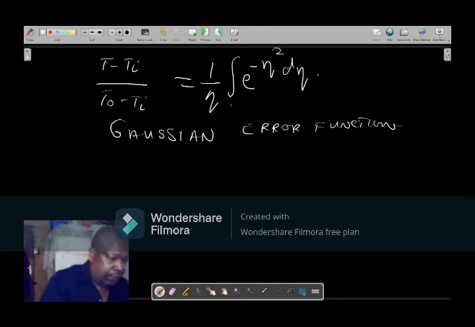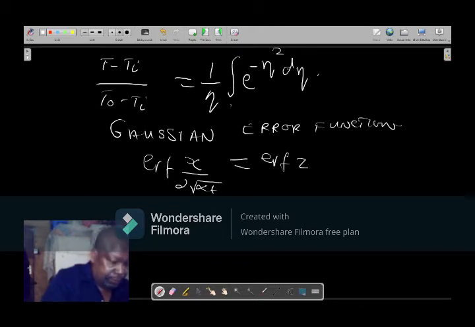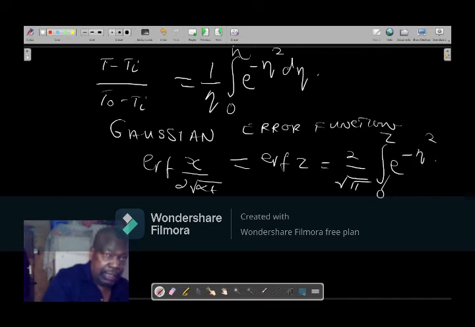The error function of x over 2 root of alpha t is also called the error function of z, which is equal to 2 over the square root of pi times the integral from 0 to z, so this is 0 to eta, of e to the minus eta squared d eta.